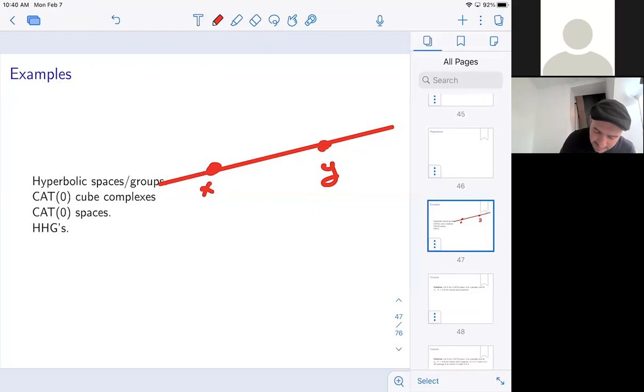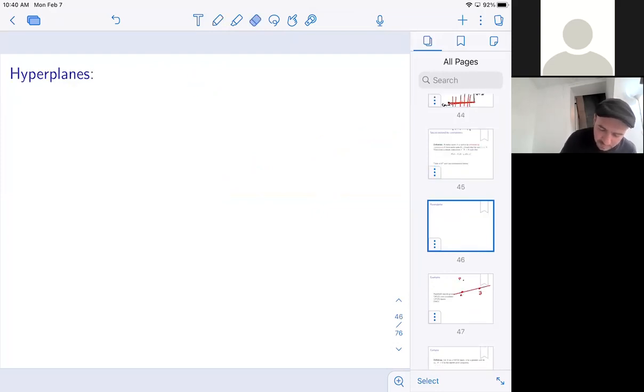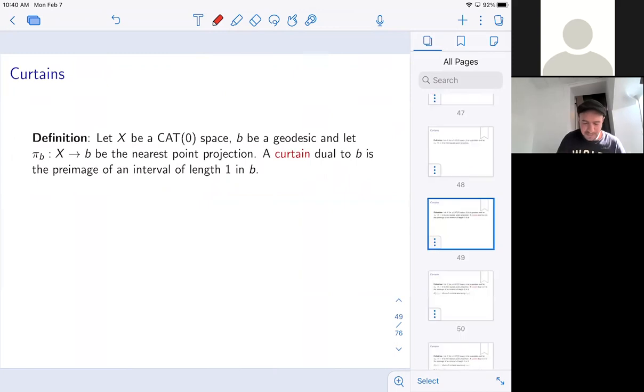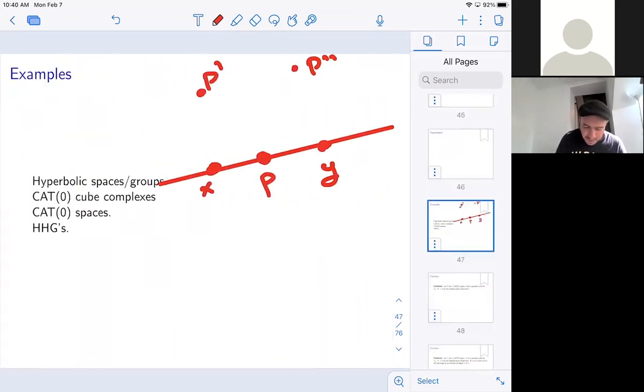Let's take some pre-image of a point P, its pre-image under the nearest point projection, and maybe I'll take a point P prime and a point P double prime that live in the pre-image. So what I did, I took a point P between X and Y, and I took P prime and P double prime that live in the pre-image.